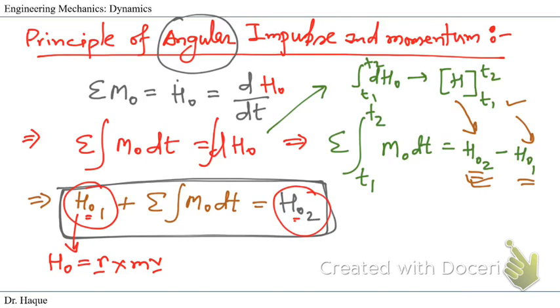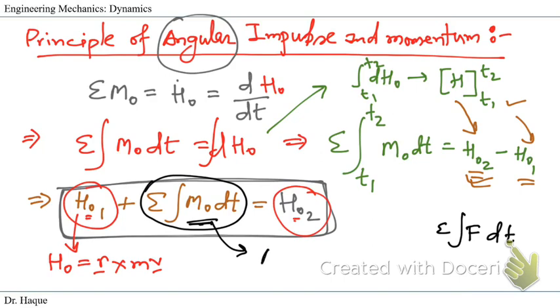Now we are left with another term, this term here. Remember when we talked about impulse, it was the summation of forces integrated over time. Now we have the summation of moment with time. This is called the angular impulse.